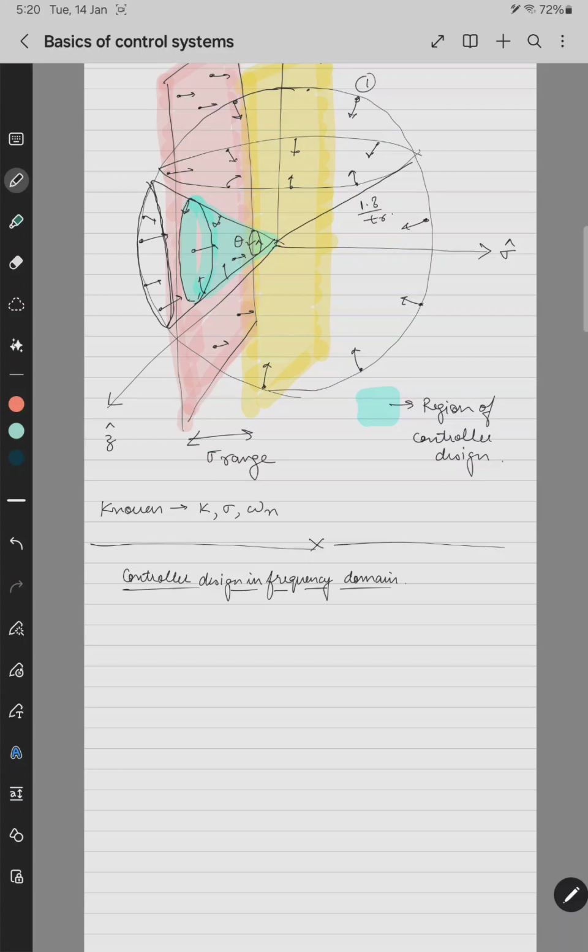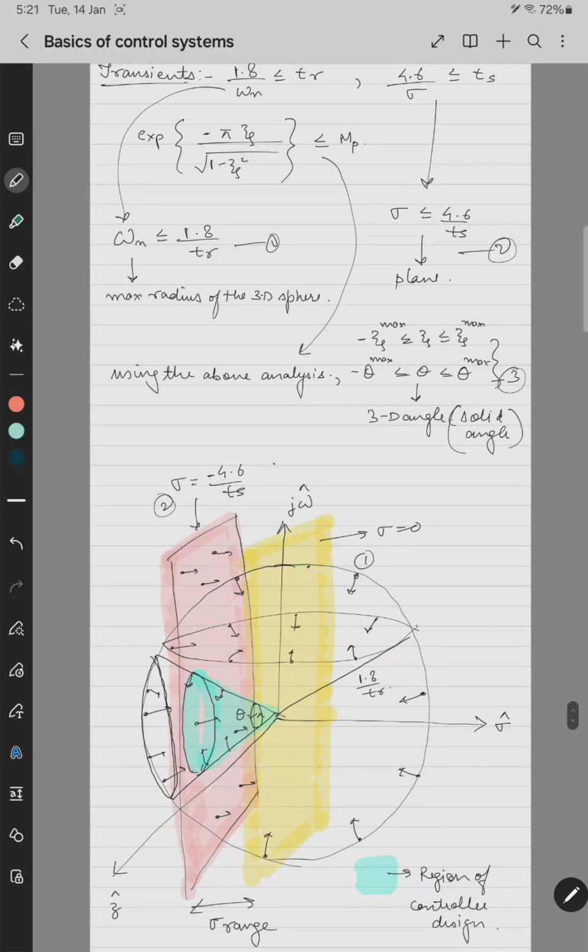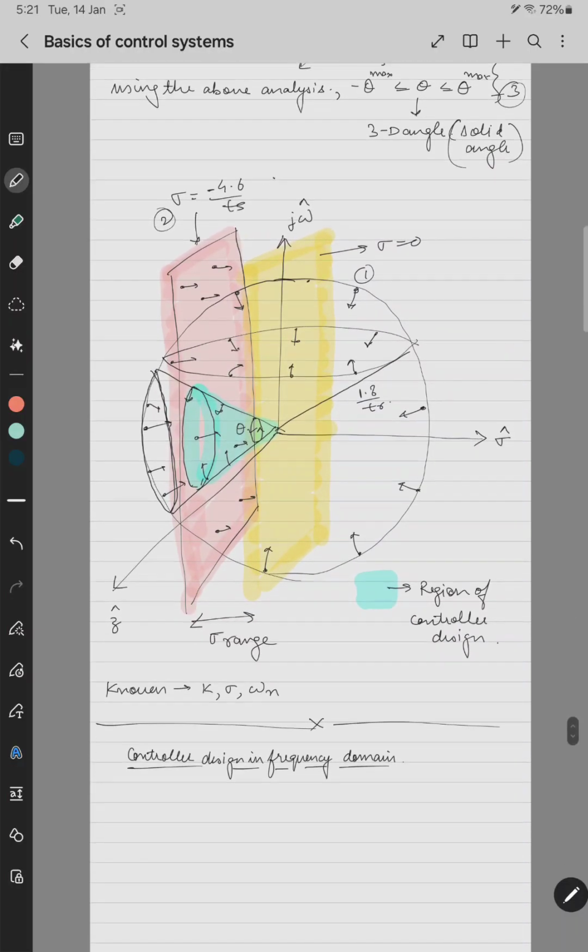By solving some inequalities we can get the desired converter response, ensuring that the closed loop response is stable, that it gets the desired steady state error, and that it gives the desired transient responses. Transient responses means rise time, settling time, and overshoot.